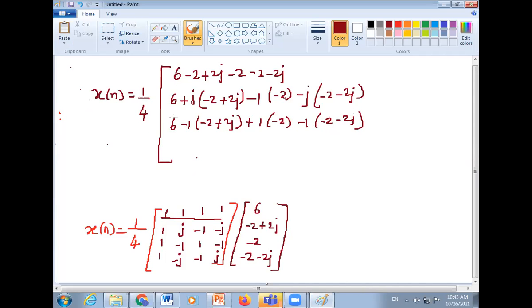Then last row with the column again 6, minus j into minus 2 plus 2j, then minus 1 into minus 2, then plus j into minus 2 minus 2j. Just simplify this now. Let us get the answer.